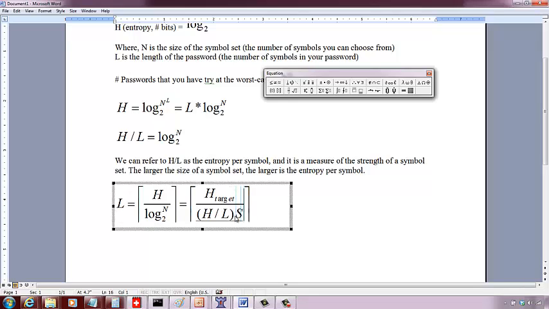That's why you say it is only a function of the symbol set.